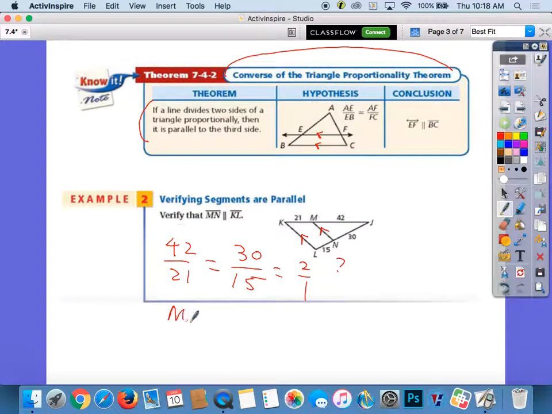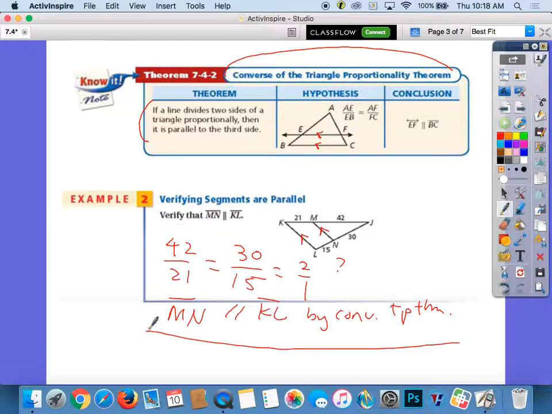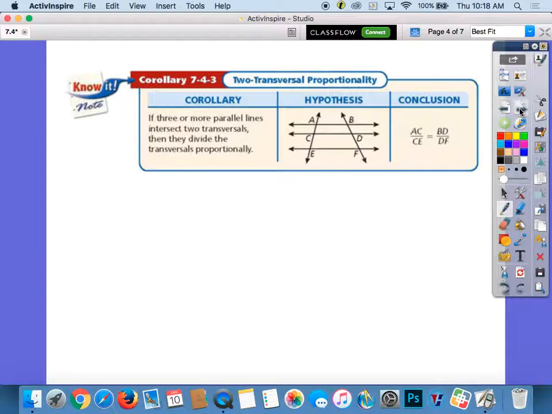Therefore, I can conclude that segment MN is parallel to segment KL by the converse of the triangle proportionality theorem. Okay? I would want you guys to write this up, but this is enough just to show that that is true. Or show they're parallel.